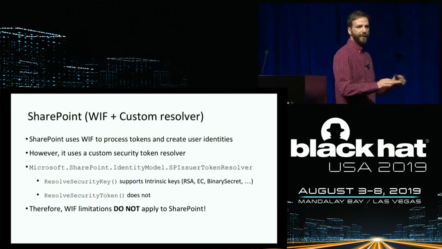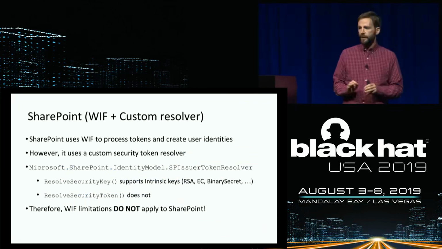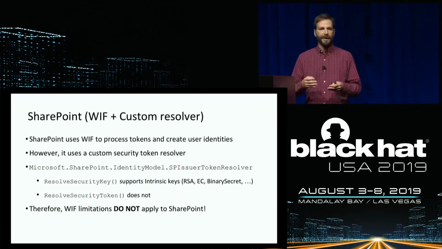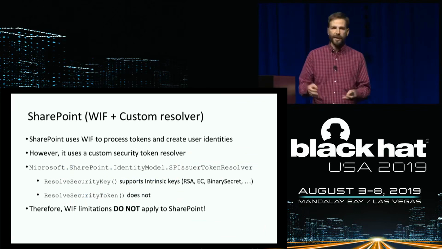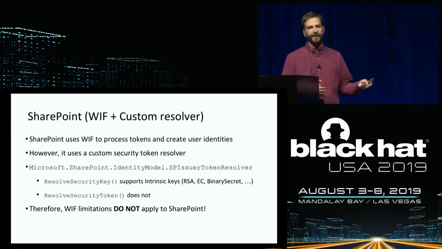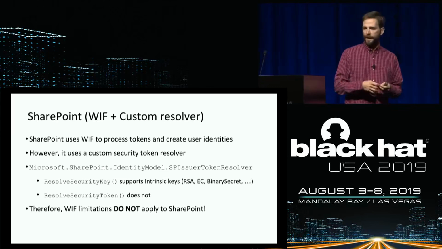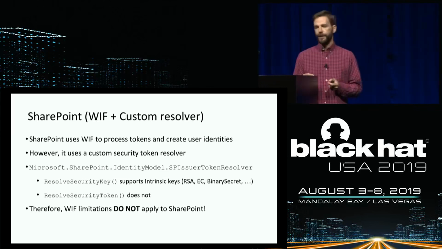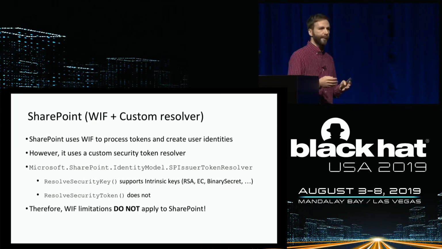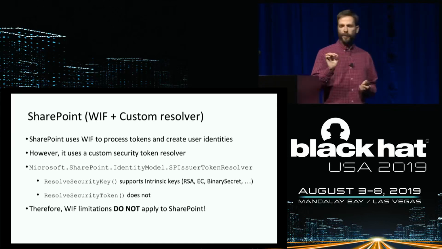So that was the default configuration for WIF. Now, if you are building an application using WIF, you can customize. You can change, for example, the location of that certificate storage, but you can also customize the resolvers. And that's exactly what SharePoint is doing. So SharePoint uses WIF to handle the authentication tokens, but it uses a custom resolver.